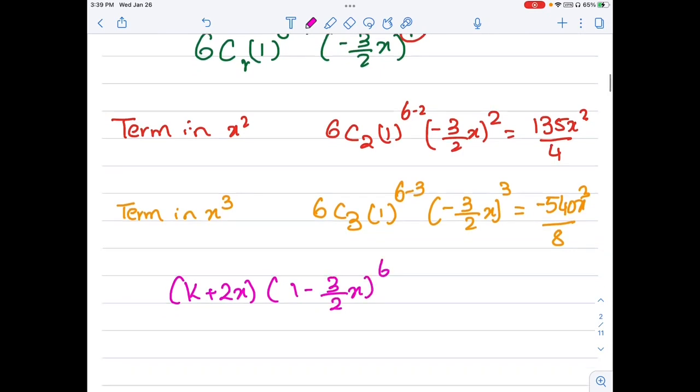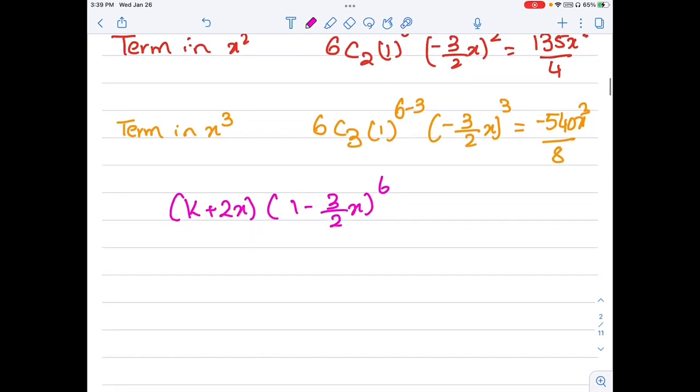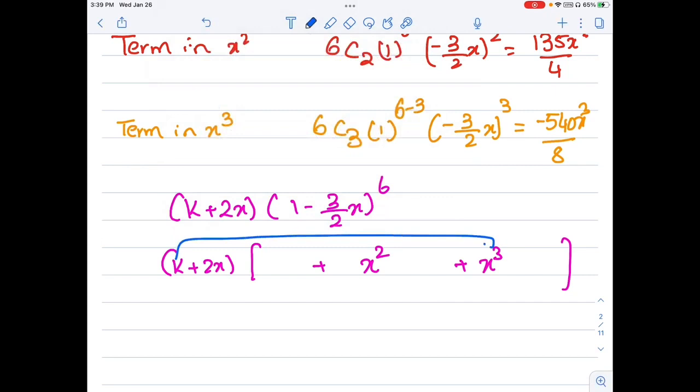So there is no term of x cube. So when there is no term of x cube, k plus 2x should be multiplied with a term of x square and with a term of x cube. Why is it so? K should be multiplied with x cube and 2x should be multiplied with x square.